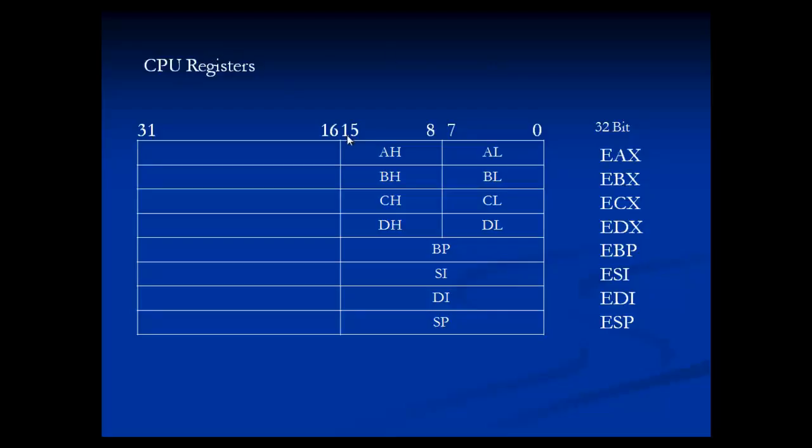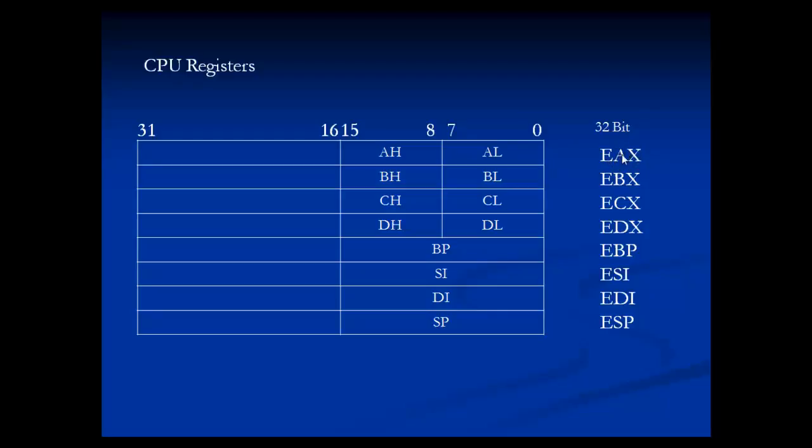You can see here, AX has been broken into AH and AL. Additionally, we can just remove this E from this EAX, and we can represent it as AX for the first 16 bits.